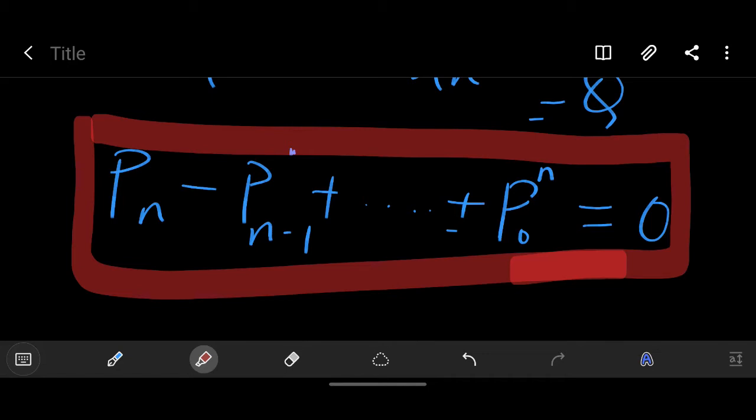The first one we just take as it is, then for the second one we put the first derivative, and after that the second derivative, third derivative, and nth derivative. If this expression becomes 0, then we call the given equation exact.